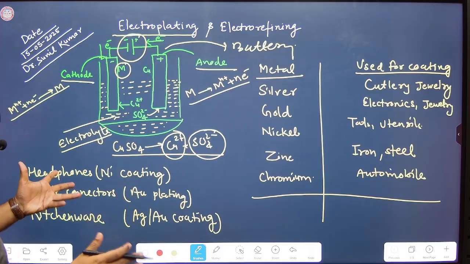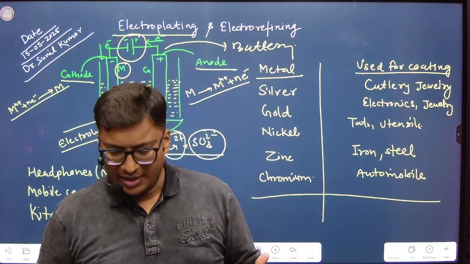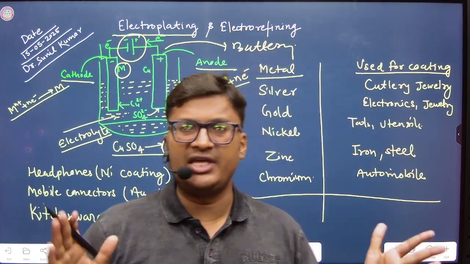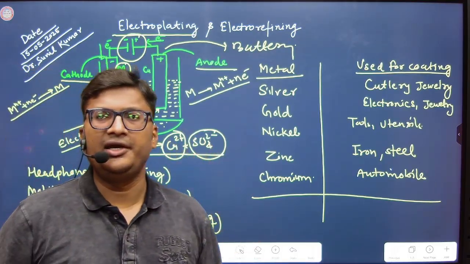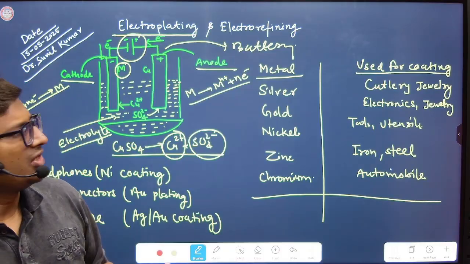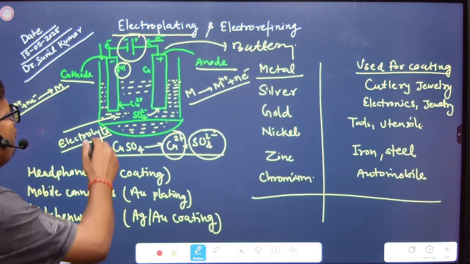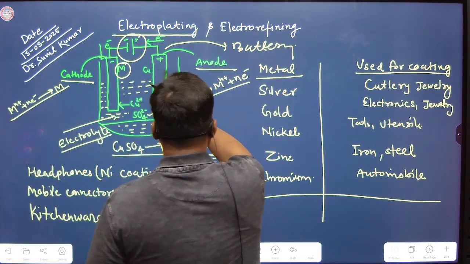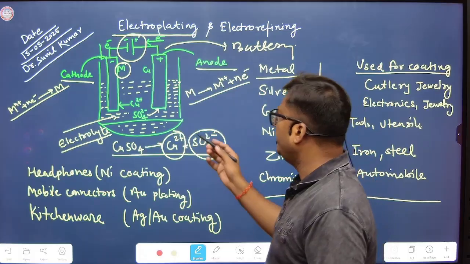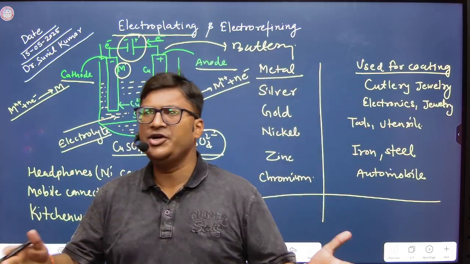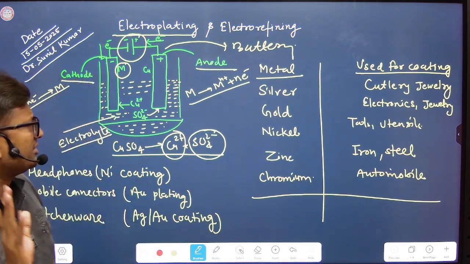This potential difference sets up an electrochemical cell, which creates an electromotive force, or cell potential, of this particular electrolytic cell. So electroplating is nothing but a kind of electrolytic cell where electrolysis can take place.